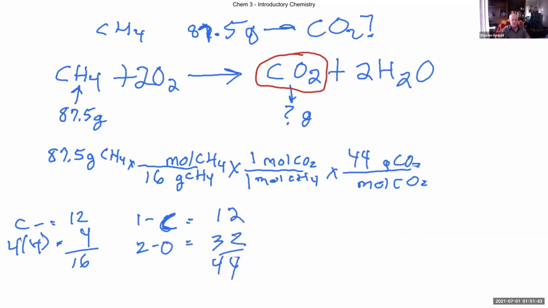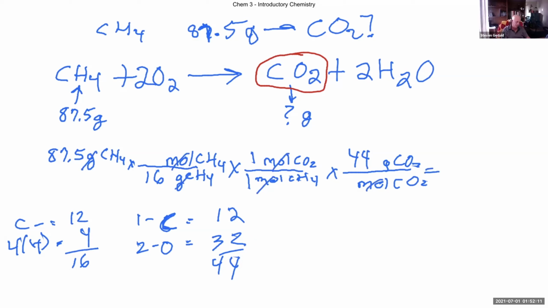So that went from grams to moles. Then I went to my mole-to-mole relationship in the equation. Then I converted back to grams. You've got to go to moles to use your equation, and it tells you how much is going to react. So grams cancel, moles cancel, moles of CO2 cancel, and you're left with grams of CO2.